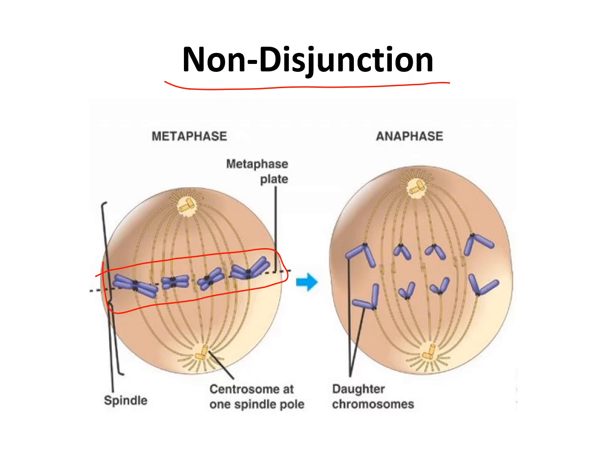Normally what would happen is the centromere would split, so you get one set of sister chromatids going to one end of the cell and the other set going to the other end of the cell. In nondisjunction, the centromere would fail to separate, and then both of these sister chromatids would go to one end of the cell. And this would result in gametes that have an abnormal number of chromosomes.